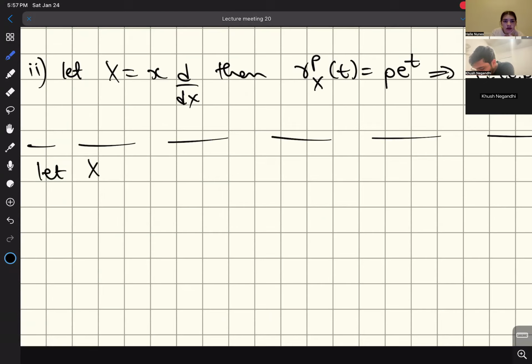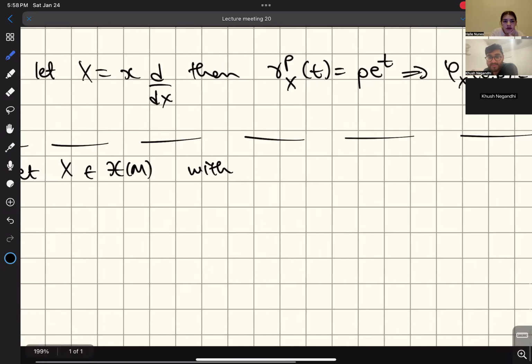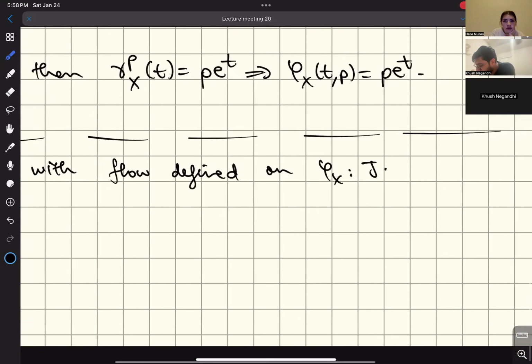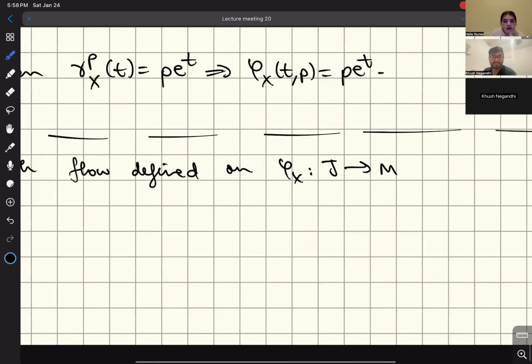Let X be a vector field on M, and let the flow be defined on some set J into M, where J is, for each point P, the set at which the flow exists.